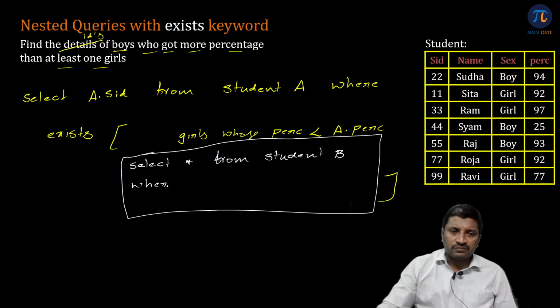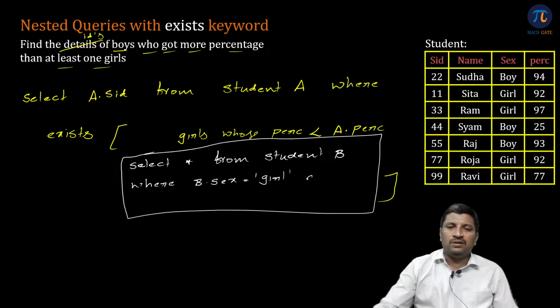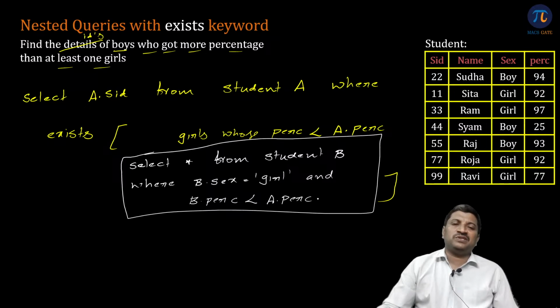Where B.sex equal to girl, and B.percentage is less than A.percentage. So here I will get some details, the girls' details, who got less percentage than my boy, right? That is the story, sir.